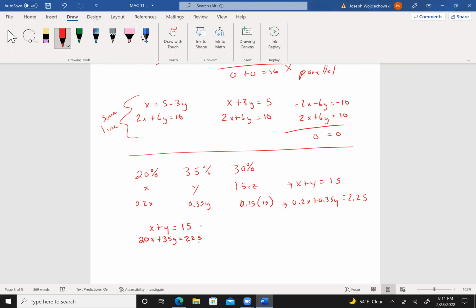Okay. How about we do this instead? Let's substitute. See what happens. Let x equal 15 minus y. So this becomes 20 times (15 minus y) plus 35y equals, we still get the same thing. Something's going on here.